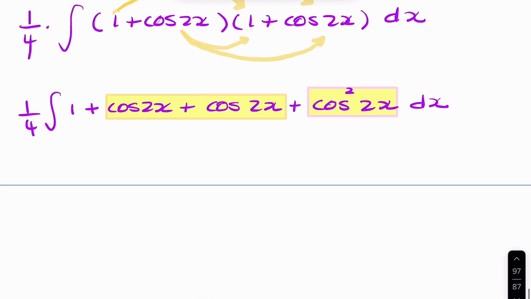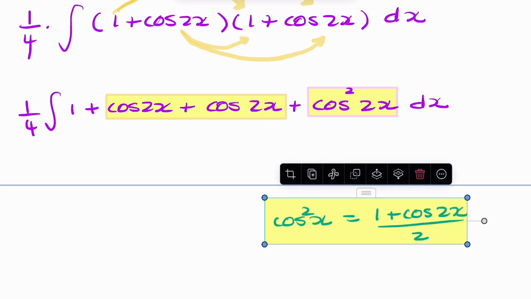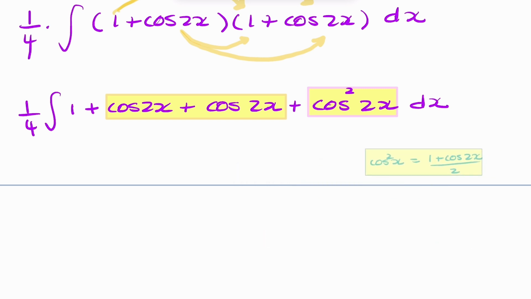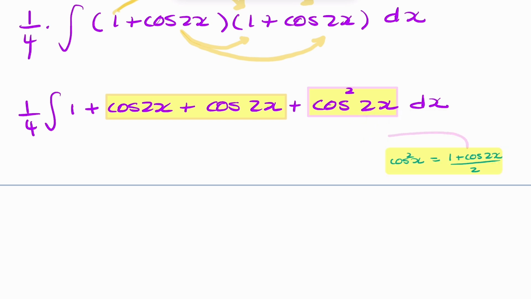to reduce the power. So basically I'm going to halve the power. I'm going to turn the cosine squared back into a cosine. So I'll put the identity here. This is the identity I'm going to use. But obviously here, instead of x, we're going to have 2x. So instead of 2x, we're going to have 4x.